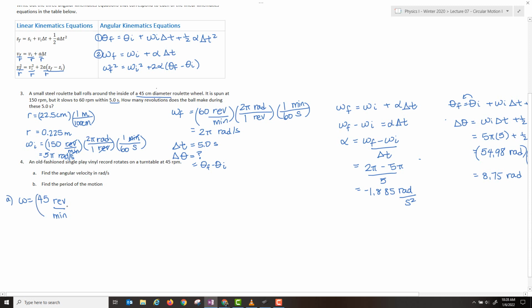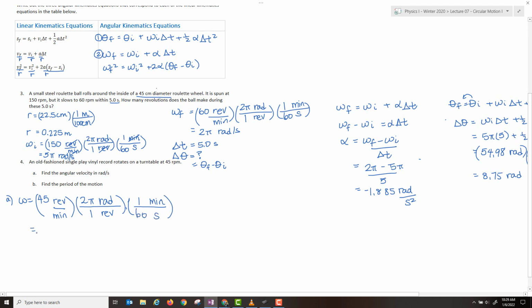And so all I'm doing is changing the units. So instead of revolutions, I want to get rid of revolutions, so I put it in the denominator. Instead, I want radians. 1 revolution is 2 pi radians. I also need to get rid of minutes. So since minutes is in the denominator, I'm going to put minutes in the numerator. Instead of minutes, I want seconds. 1 minute is 60 seconds.